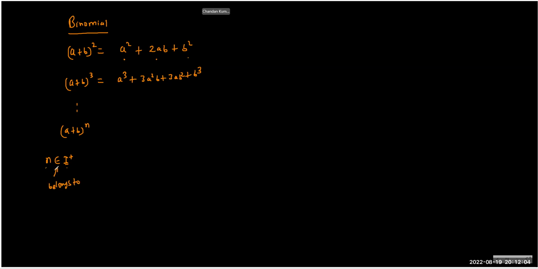So n is a number which belongs to the positive integers. This is how we write in maths, right? Then if I want to write (a plus b) to the power n, there should be some generic way of writing. So here comes the idea of permutation and combination. I'll just give you a glimpse of it.